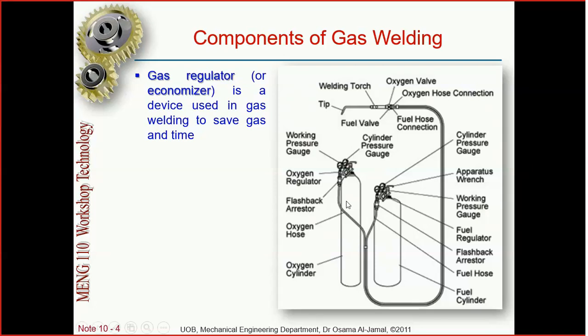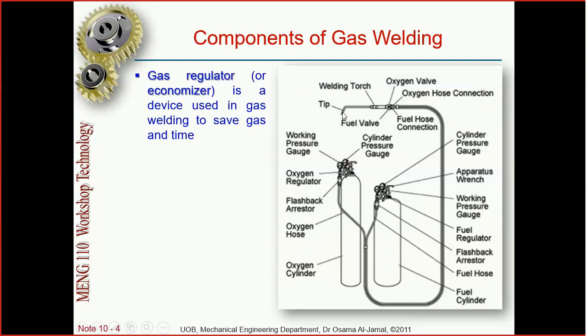So you can see these two pipes going from both cylinders to the welding torch, and at the welding torch also there is a valve to control both flows. Whichever gas we want more, we can open that valve, and whichever we want less, we can close that valve. And this is the welding torch.